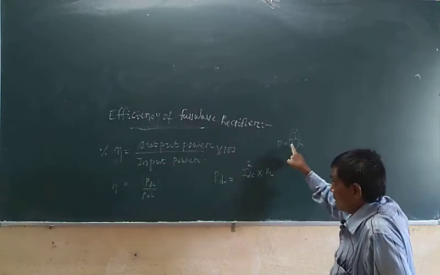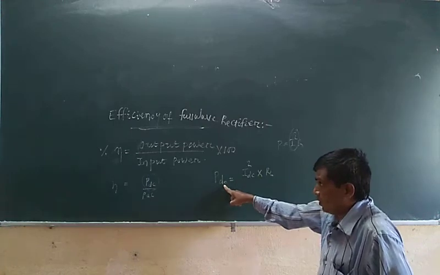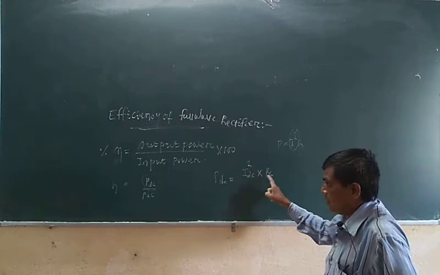So the power of DC, the output power of the rectifier, is IDC square into RL.